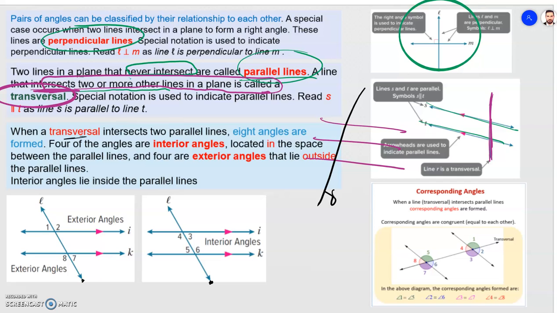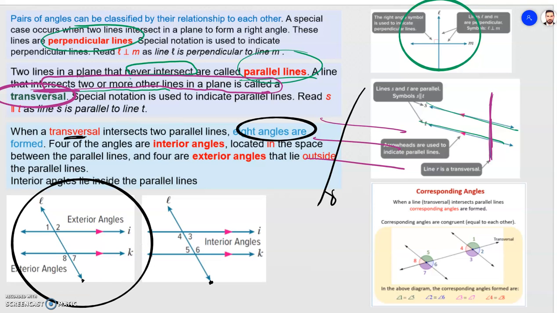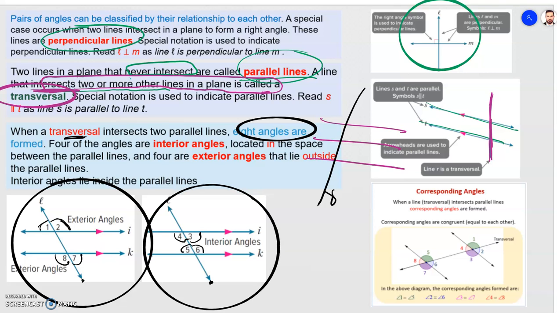When the transversal intersects two parallel lines, we have 8 angles. 4 angles are exterior angles, outside the parallel lines, and 4 angles are inside the parallel lines, interior. So we have interior angles and we have exterior angles.